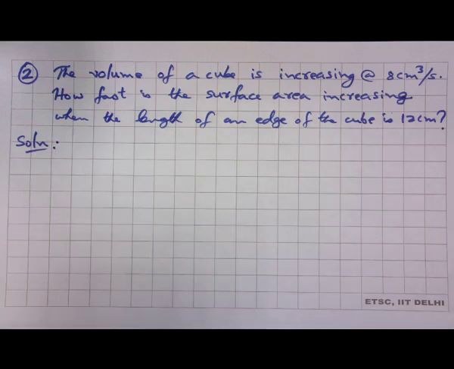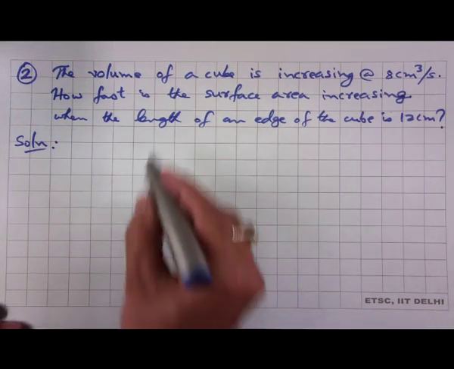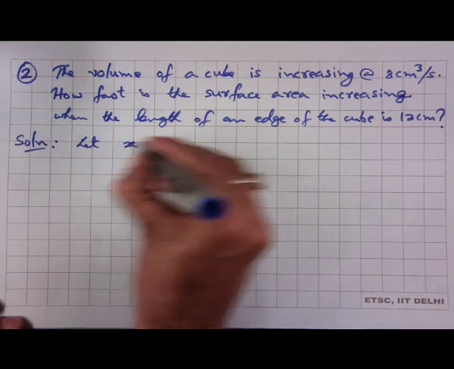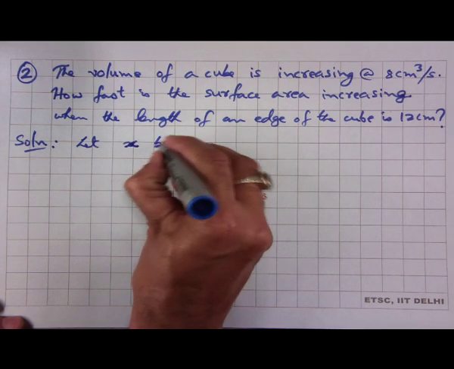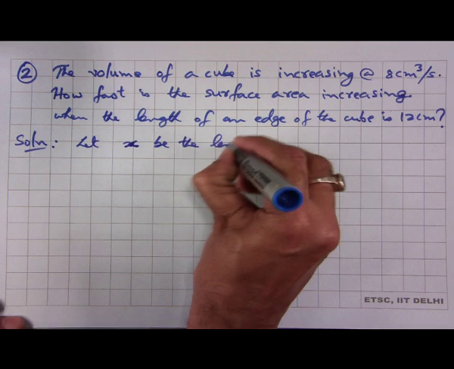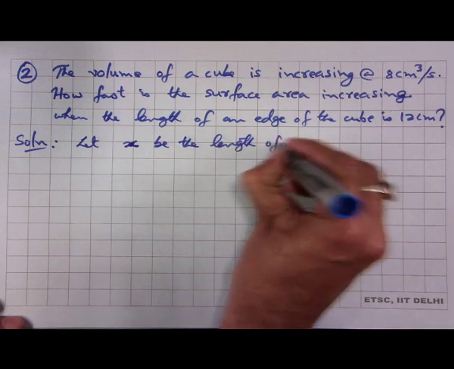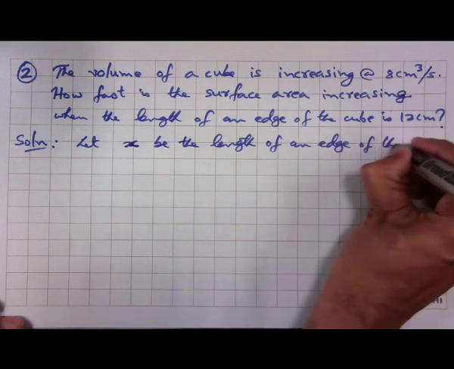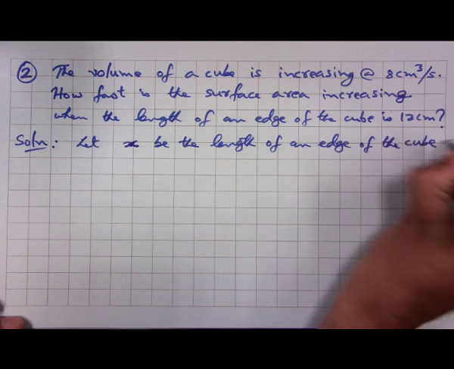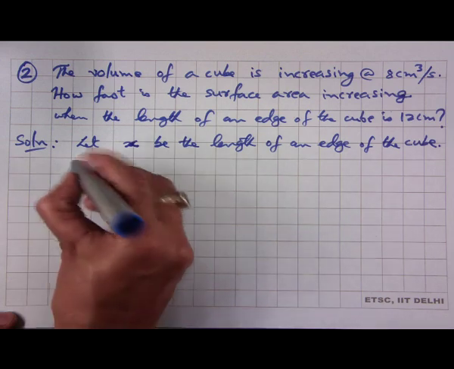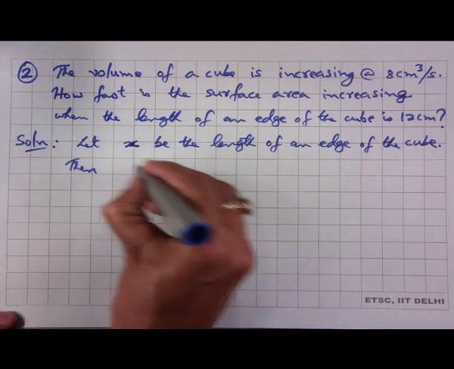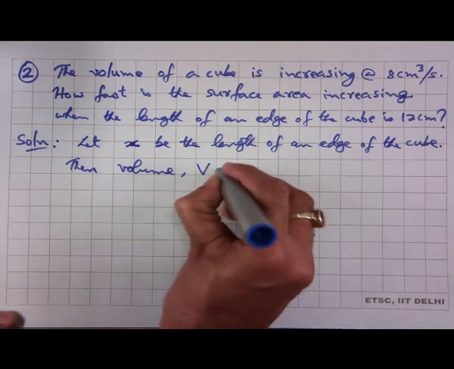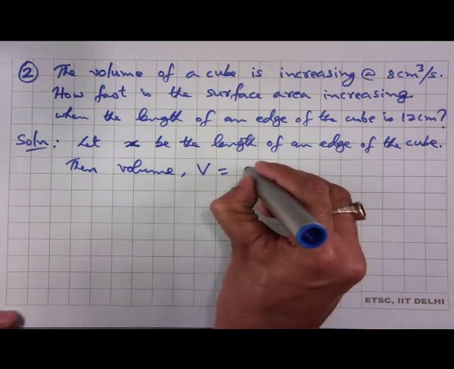Again let us see what is given and what we want. Let x be the length of an edge of the cube, then volume V is x cubed.